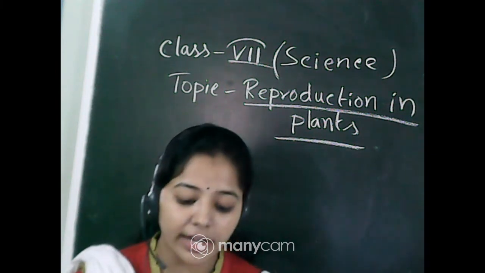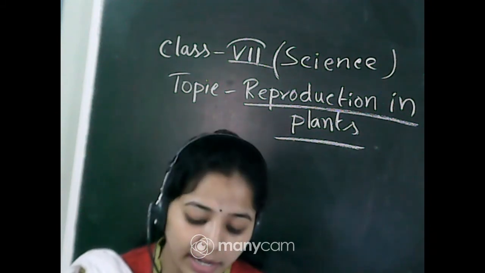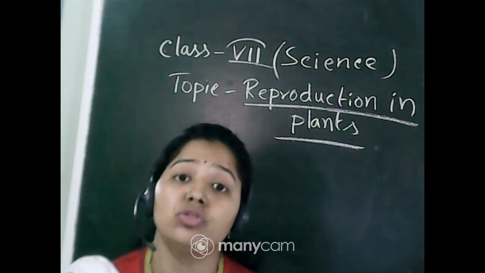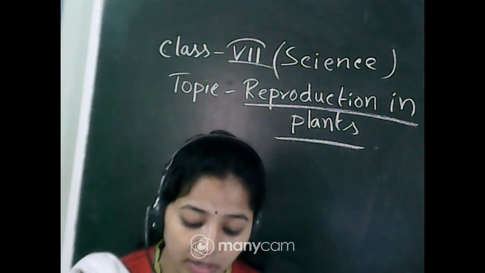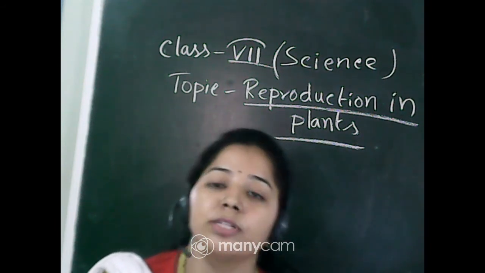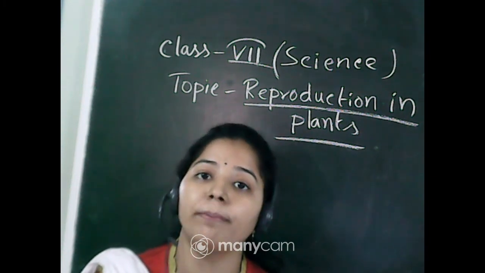Now there are various parts of plants such as roots, stems and leaves, each with a specific function, called vegetative parts. So what are the vegetative parts of a plant? Roots, stems and leaves. These are all the vegetative parts of a plant, and in this chapter you will come to know about the reproduction of plants.